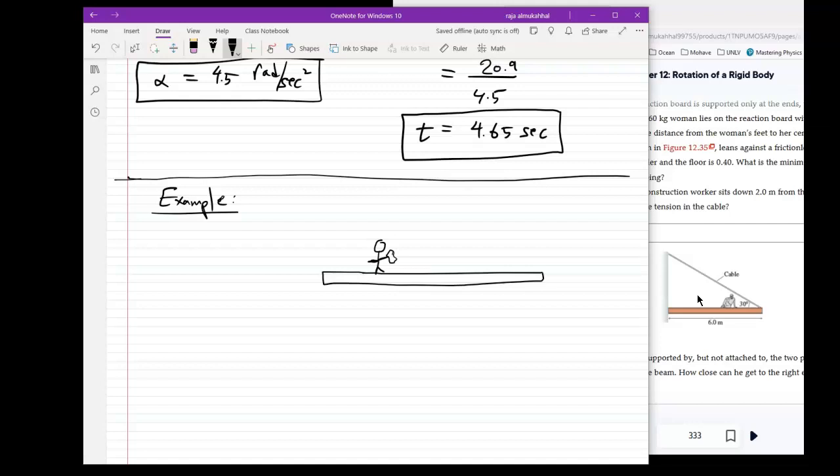And let's suppose that there is a bucket right here. This is the bucket he's using to clean the window. And then there is a cable here and another cable here. Just take it really simple. I'm going to call this cable number 1. It gives you tension number 1, and this is tension number 2. Suppose the length of the beam or the scaffold is 10 meters.